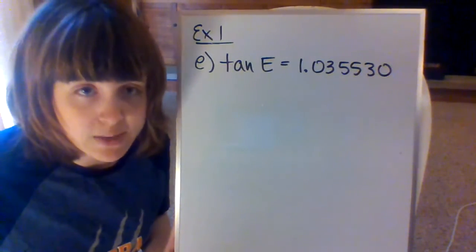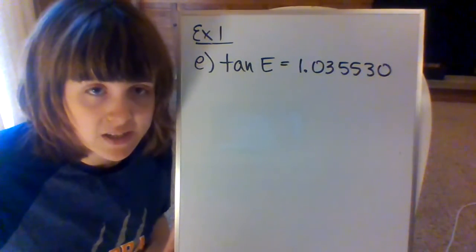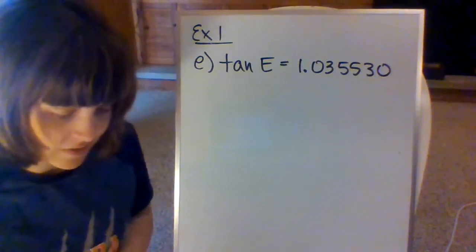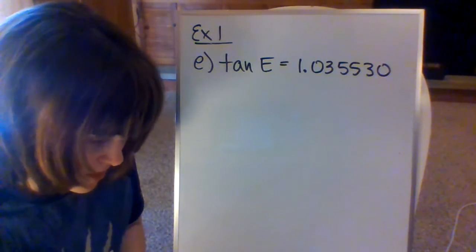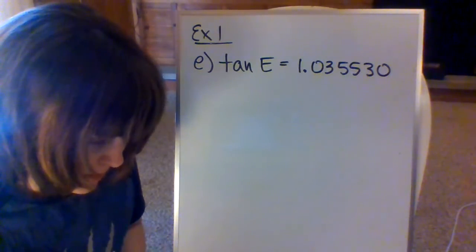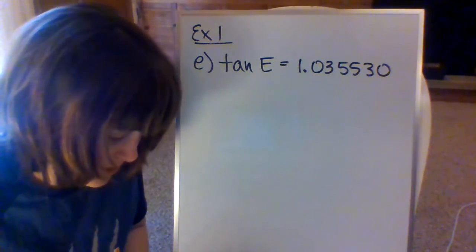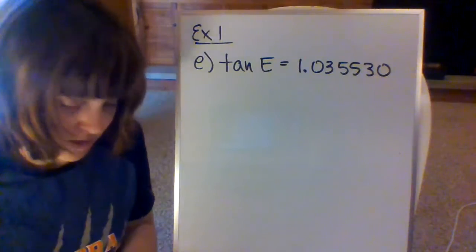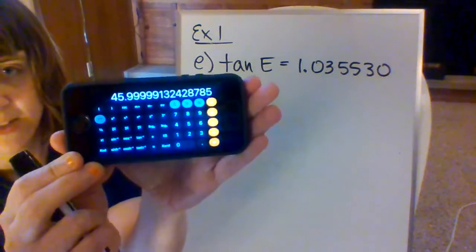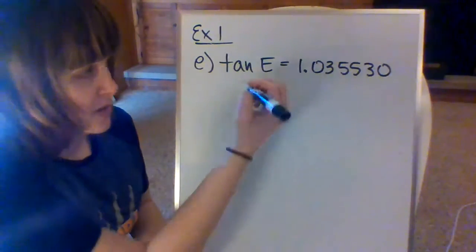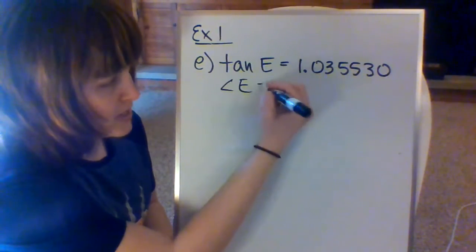Alright, so we're going to type the decimal in first and then press tangent inverse. Okay, so 1.0355530 and then tangent inverse. And if you round this to the nearest degree, it's going to be 46. So angle E equals 46 degrees.